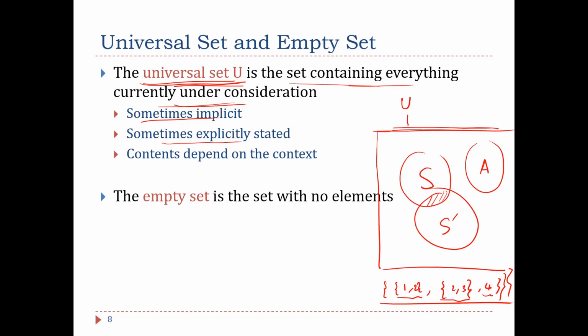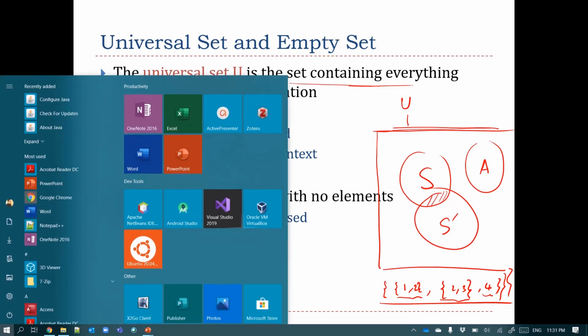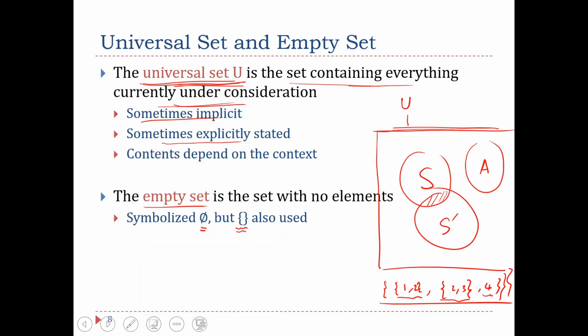On the other extreme, there is a very particular set called the empty set that denotes the absence of any element. This is why we use a very particular symbol for it, this phi symbol. But note that the empty braces are also used.